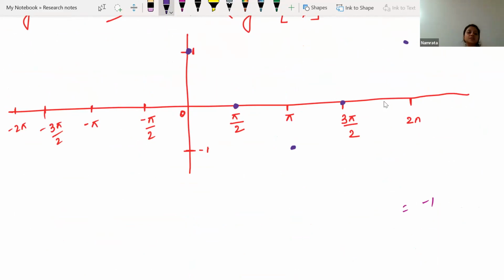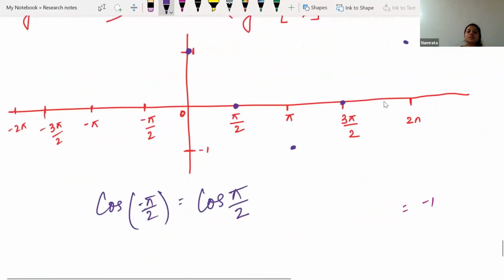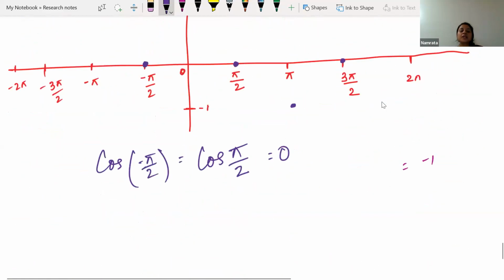Let's think about the left hand side. Cos minus pi by 2: cos of negative theta will be cos theta only, right? And what is the value of cos pi by 2? Go and check, it's 0. So cos minus pi by 2 is 0. What about cos minus pi?